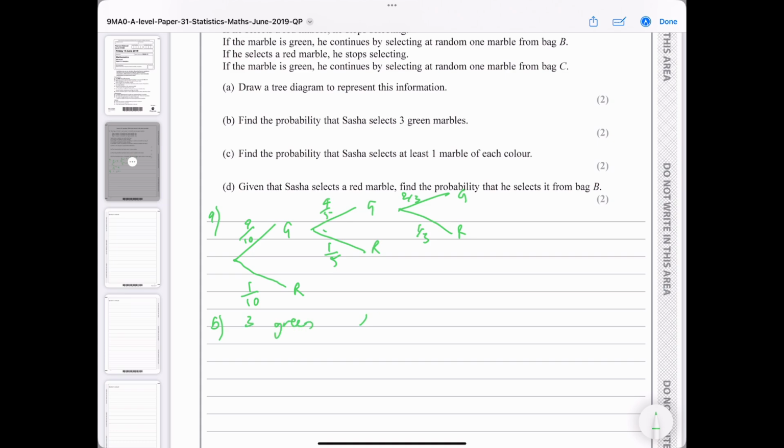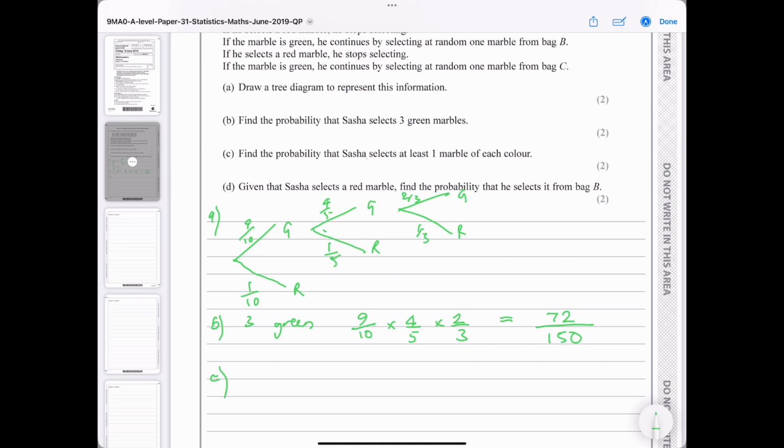That's going to be 9/10 times 4/5 times 2/3, which is 10 times 5 times 3 is 150, and 9 times 4 is 36, so 36/150. I could make it 36 over 75 or divide down by 9, but it's a probability, I can leave it like that. So it's a little under half.